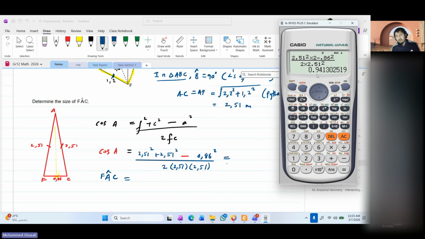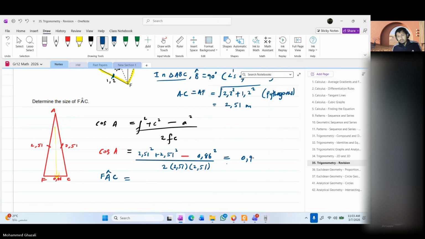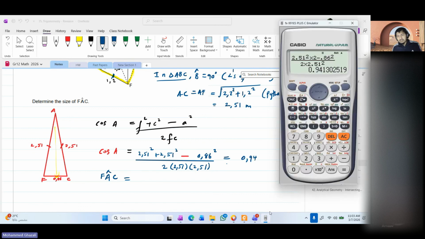Yeah, that is 0.94. I'm going to say shift cos the answer, right? And I'm getting 19.73 degrees.